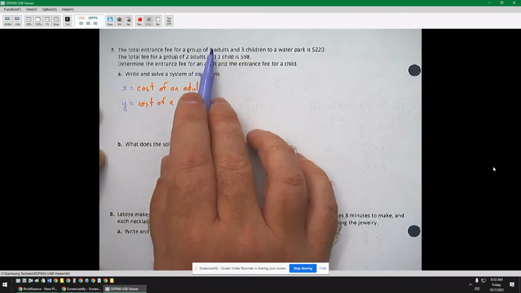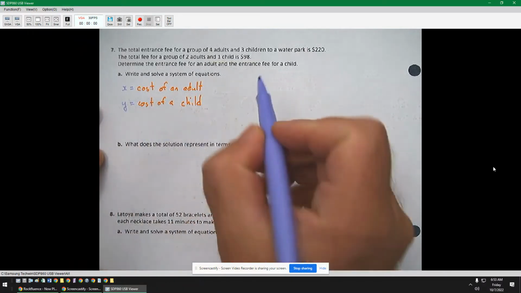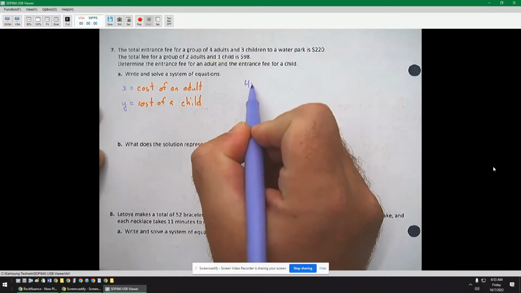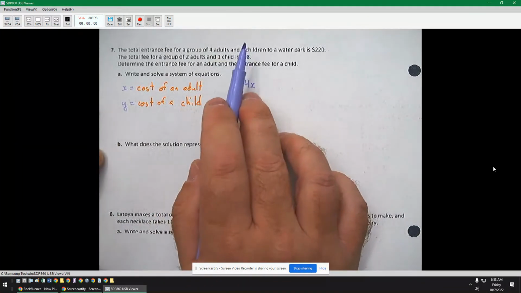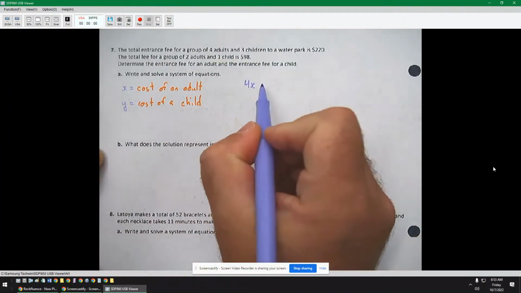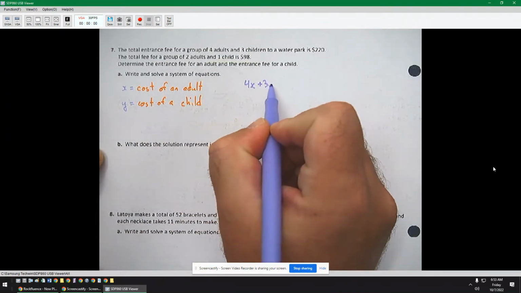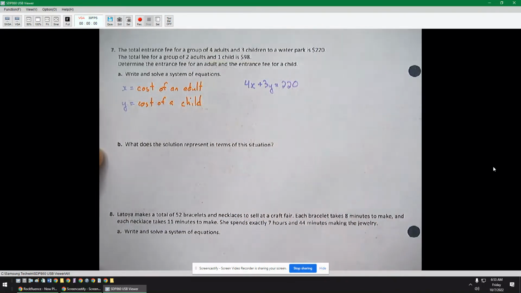So if I have 4 adults and each adult costs x dollars, then I would have a total of 4x for the adults. Same thing with the children. I have 3 children. The cost of a child now is y, so I would have 3y, and that equals my total of $220.